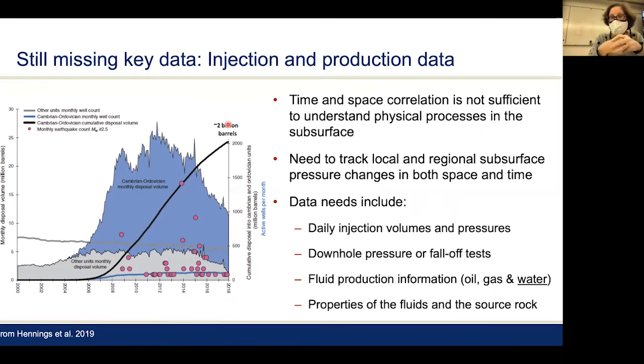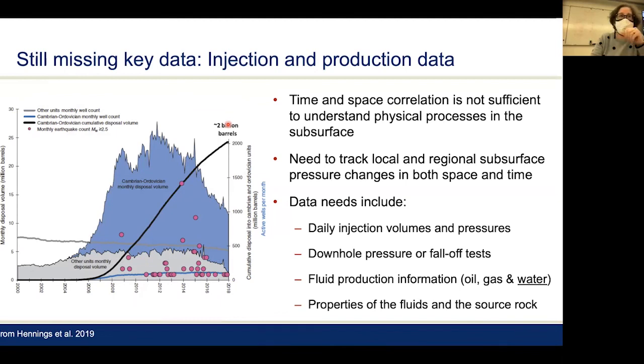The follow-up tests that tell you about overpressure were really valuable. We only had a few. I think the fluid production information is just as important as the fluid injection information, and we have even less control on that. And then the permeability, right?